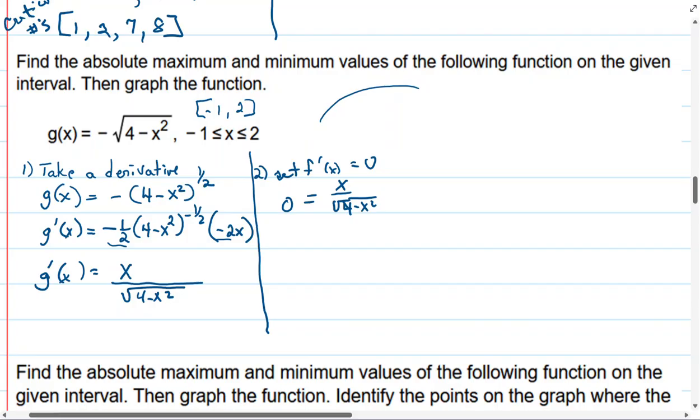Does everybody agree? If I cross multiply the square root times 0, I'm going to get 0. And that's because the denominator cannot be 0 as well. So we have our critical numbers. I should have used set notation on the previous one. I apologize for that.